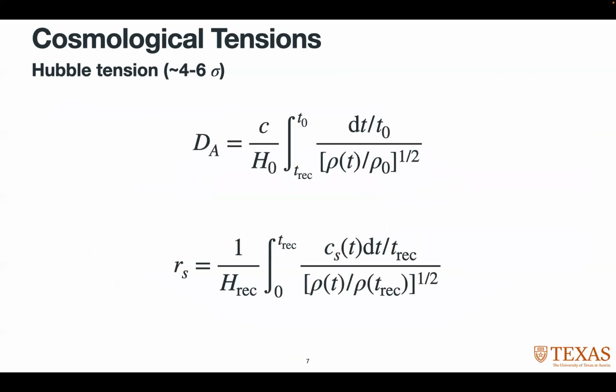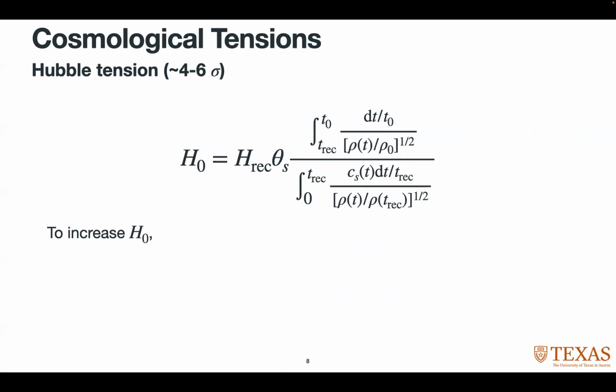The angular diameter distance is a time integral up to the time of recombination, and the sound horizon is the physical scale, integrated from zero up to the time of recombination. So from those two expressions, you can determine H star, and we have this expression.